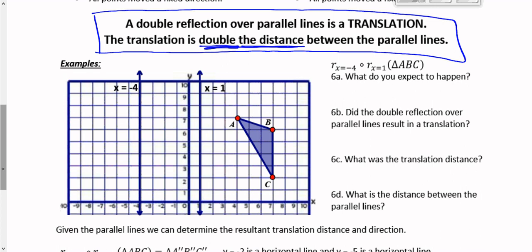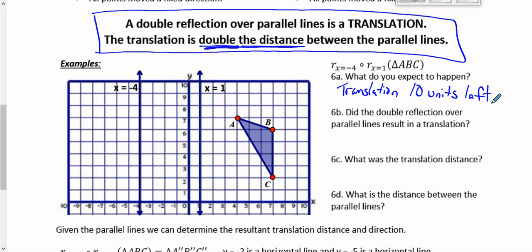Will it be a translation, you think? How far? Okay, I think it'll be 10. So we might expect this to be a translation of 10 units, which way? Left or right? 10 units left.